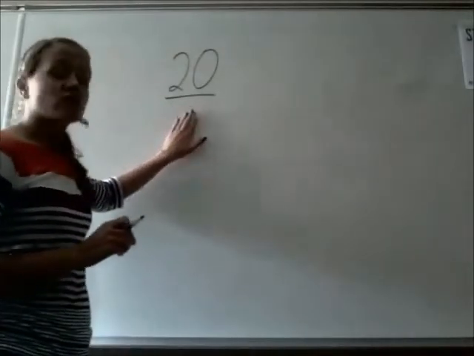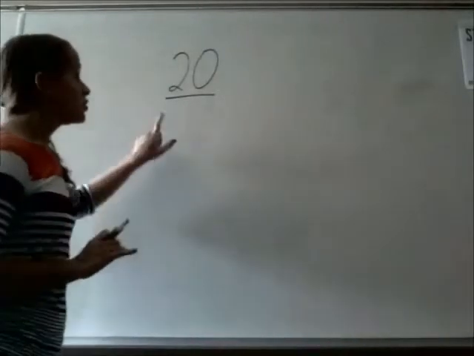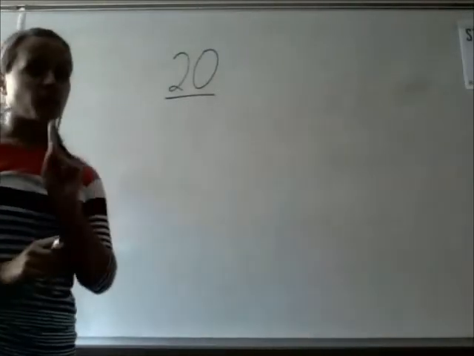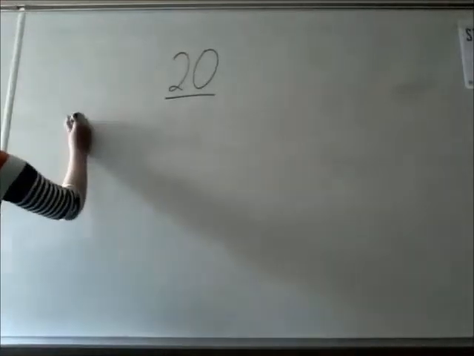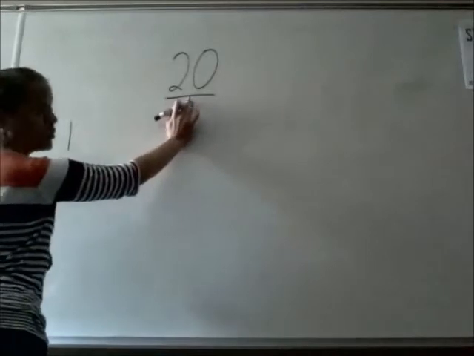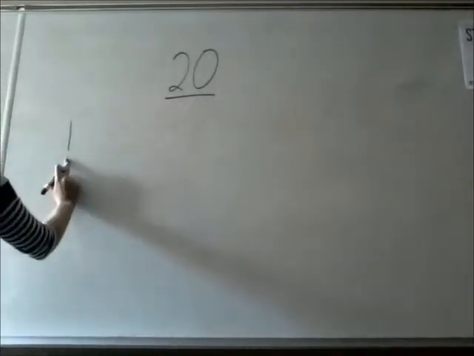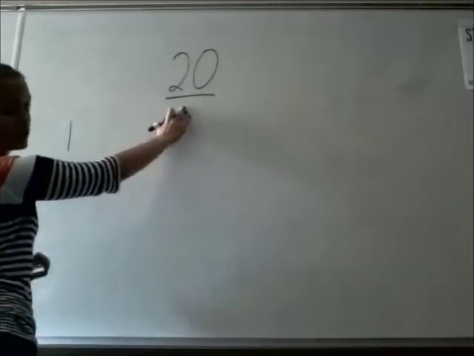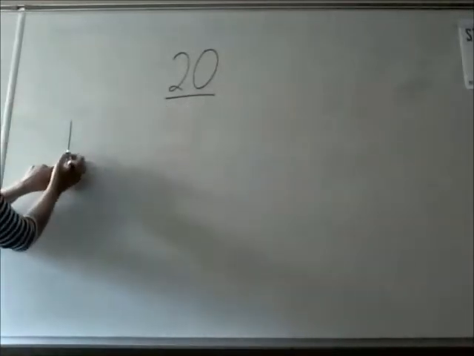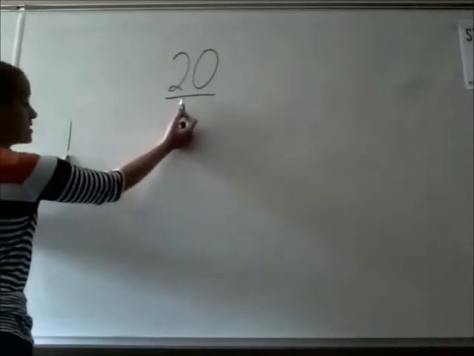Now, when you start finding factor pairs, you always start with the number 1. Because you can multiply a product by itself and 1 to get itself. So what I mean is that 1 times 20 equals 20.